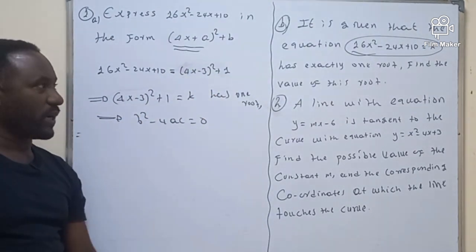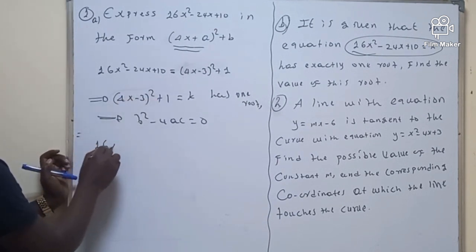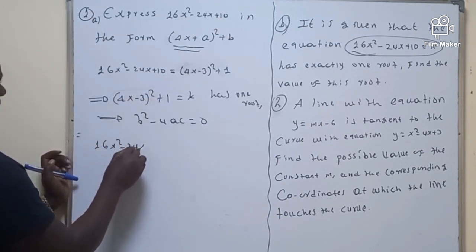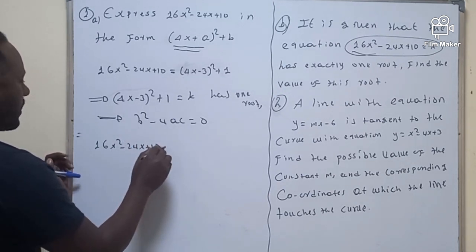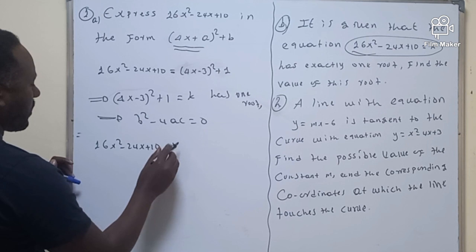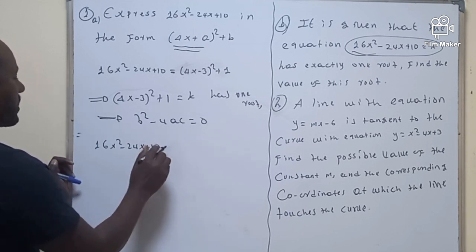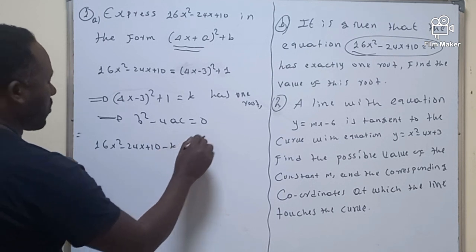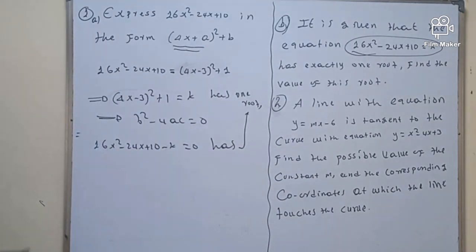The discriminant b squared minus 4ac should be 0, and hence 16x squared minus 24x plus 10, which is equal to K, has one root. You can bring K over, so 16x squared minus 24x plus (10 minus K) equals 0 has one root.